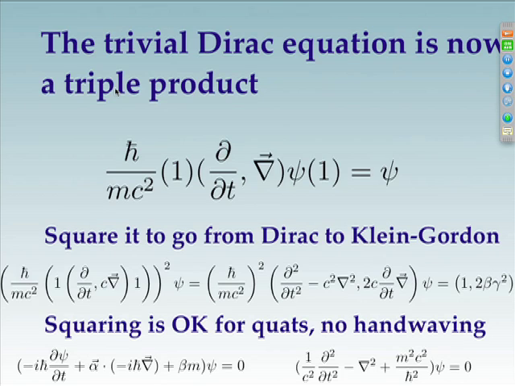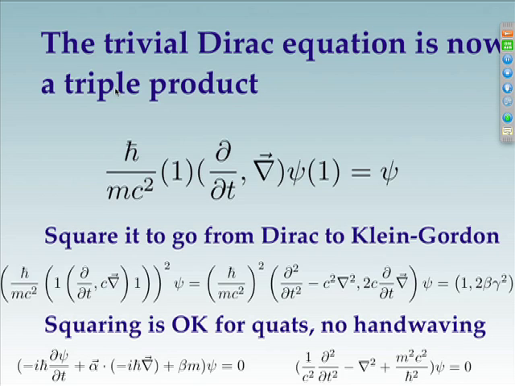When I started this exercise, I said you can't really square because I haven't told you what alpha and beta are. Well, now I have told you. I'm working with quaternions, so squaring is a legal thing. I haven't broken any of the math rules. There was no hand waving, and I get to exactly the Klein-Gordon.